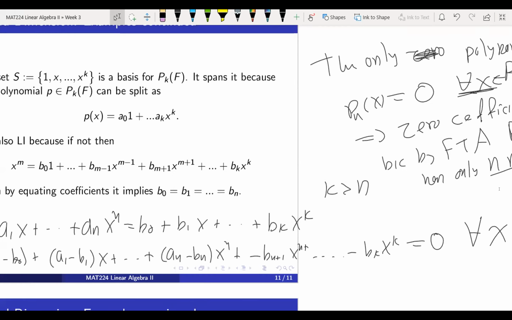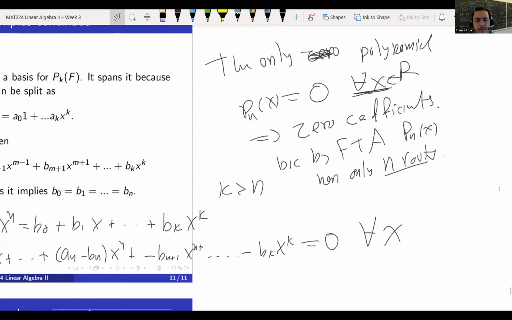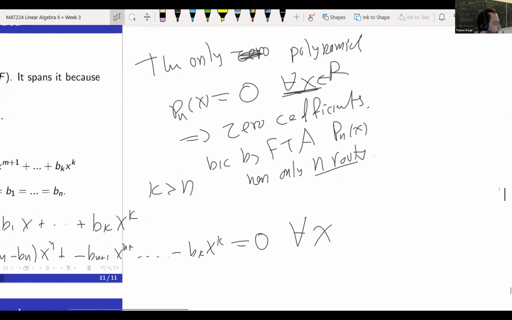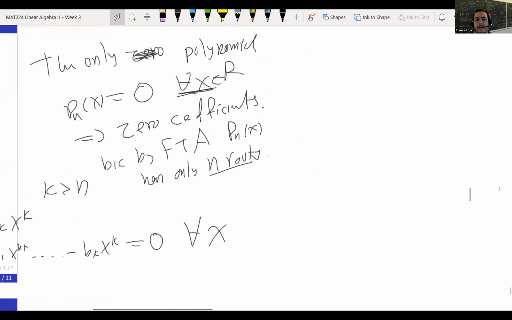Is that why we know it's... Well, what's a simple example? Let's see. How shall I say this?